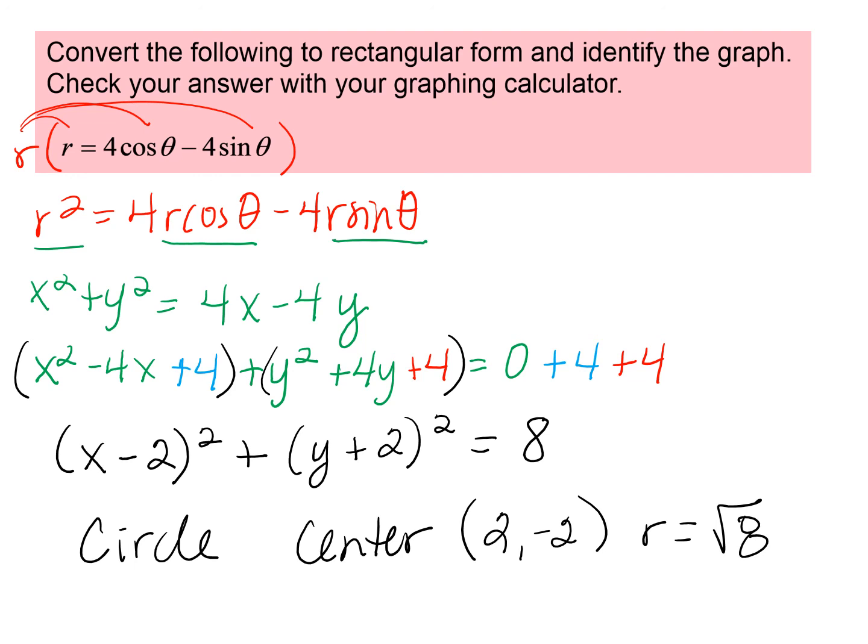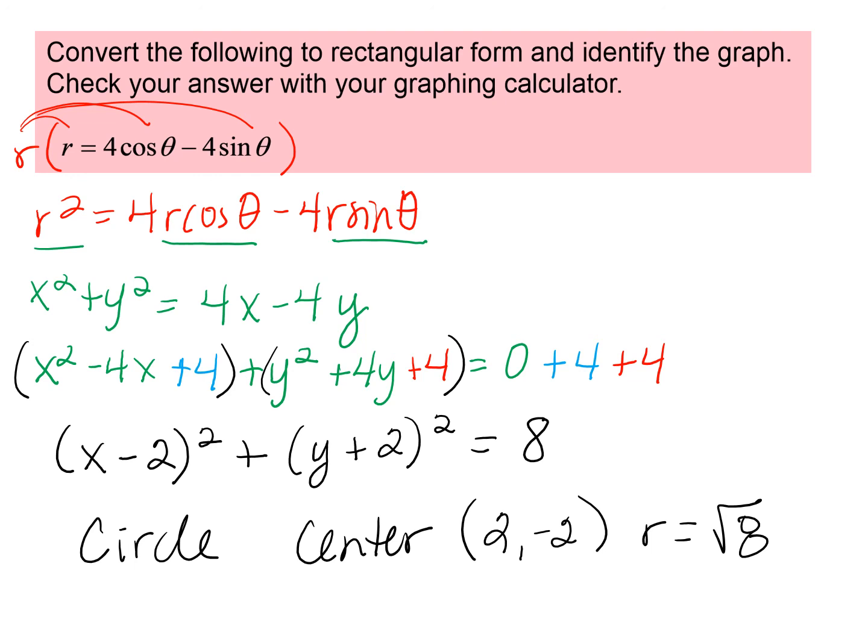So at this time, you can grab your calculator, either Desmos or TI, and graph the original equation in polar mode and see if it looks like a circle centered at 2, negative 2 with a radius of the square root of 8. If you think about it, the square root of 8 is pretty close to the square root of 9, and the square root of 9 we know is 3. So in other words, this circle should have a radius a little less than 3 units long.